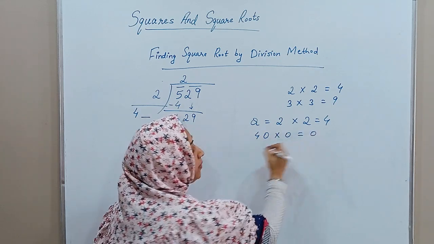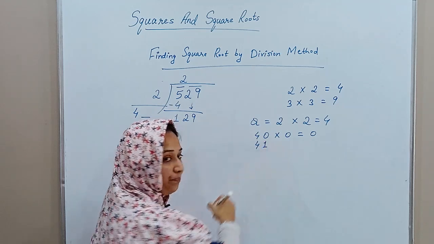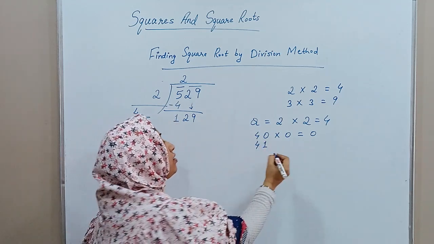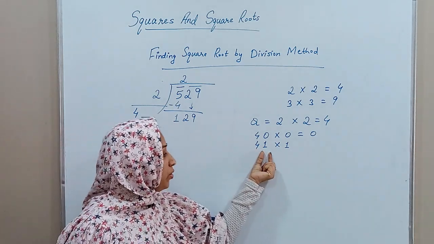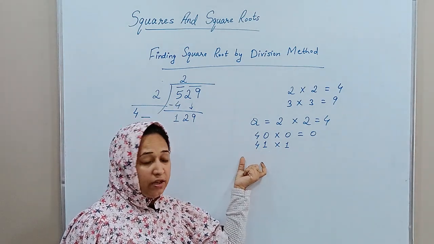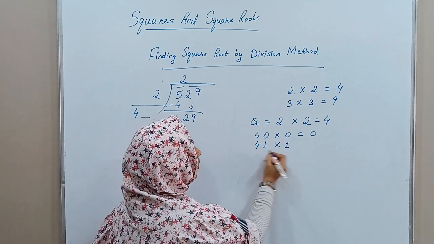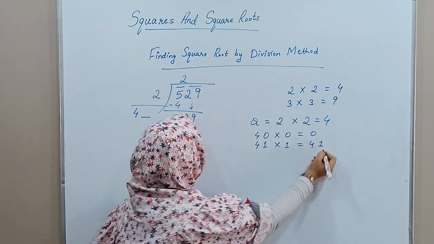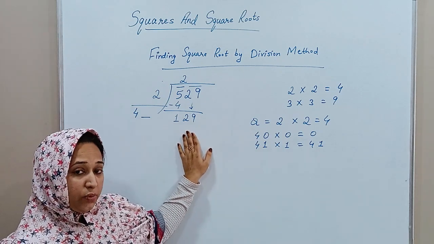So 40 into 0 will be 0, right? Suppose I take 1, so it will become 41. The rule is whichever digit you are taking here, you have to multiply the number by that digit itself. So 41 into 1 will be 41. We have to find a number equal to 129 or less than 129.